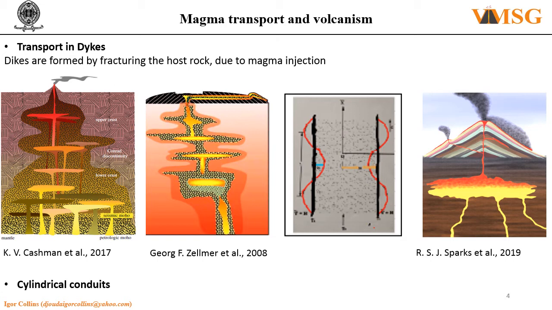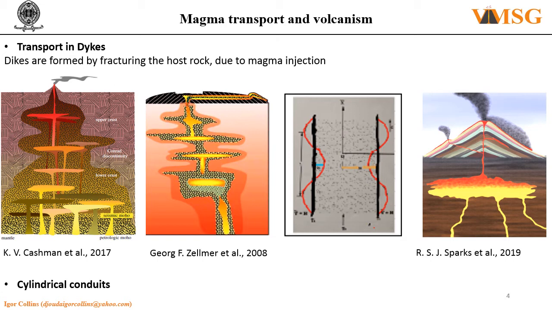Magma can erupt to the surface in different ways, and the common way is a dike. Dikes are formed by fracturing of the host rock due to magma injection. The dike phenomenon has been described by Kachman and others, and it is represented in this figure.